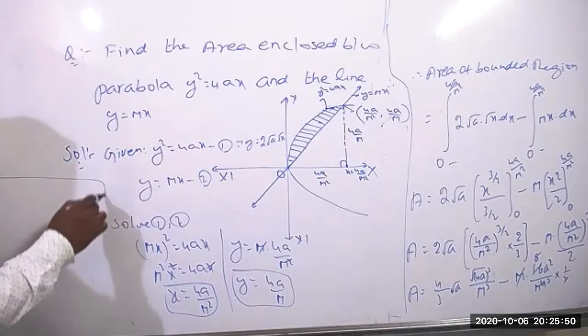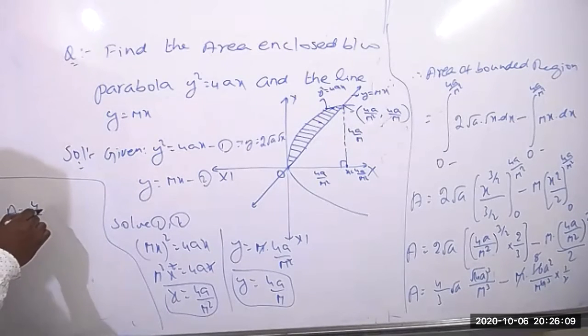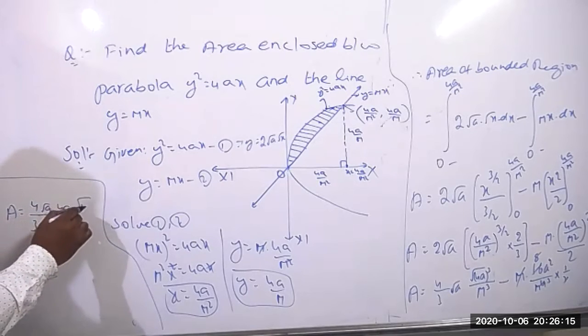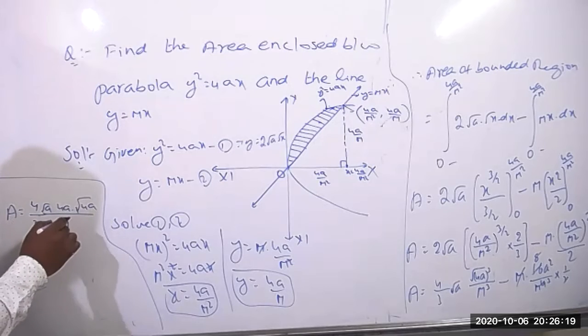I will write now here. So area equal to, multiply all the values here now. Root of 4a whole cube equal to how much? 4a we can take outside. That means it is 4 by 3. So 4 root a into by 3 into 4a into root of 4a, whole by m cube.